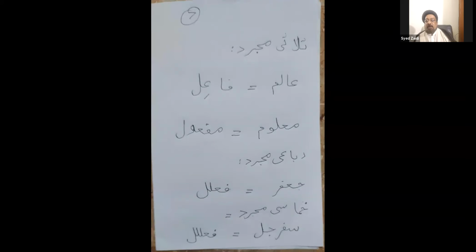Likewise, in ma'loom, how many letters do you see there? Mim, ain, lam, waw, and mim. You see 5 letters. Is this Thulathi Mujarrad or is it Khumasi? No, it is Thulathi Mujarrad. Why? Because the root letters in ma'loom are ilm. Mim and waw are the extra letters or the huruf Zaid.